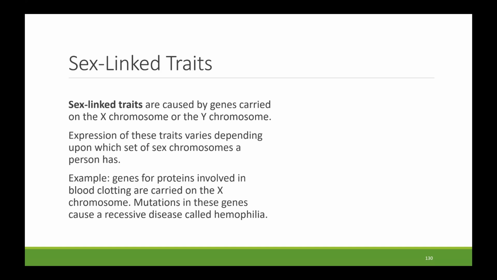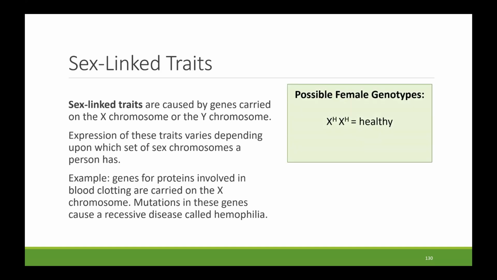And thankfully, this disease is recessive, but males are more susceptible to it because of the set of chromosomes they have. For females, and I use these terms male and female loosely because, as we just learned in Chapter 7, there is more to biological sex than just the set of chromosomes. But for females, because they have two X chromosomes, there are three possible genotypes.